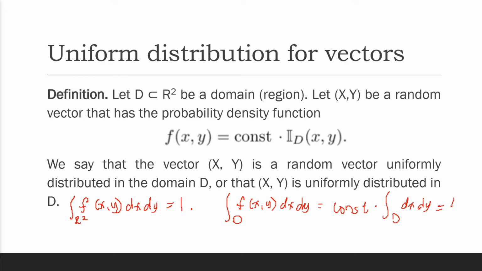So if that would be the case, it gives us that the constant is equal to the inverse of the integral of dx dy with respect to D, which is equal to 1 over mesh D, where the mesh here denotes the area of the domain.